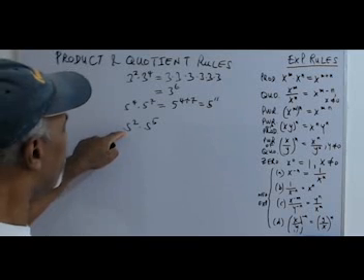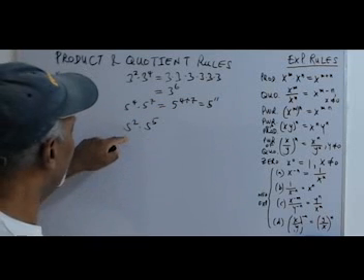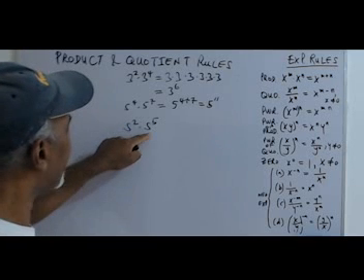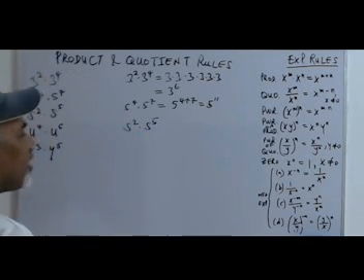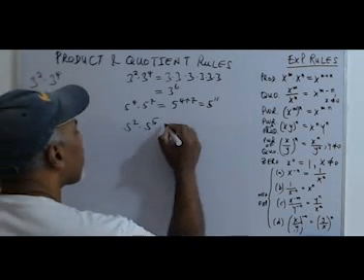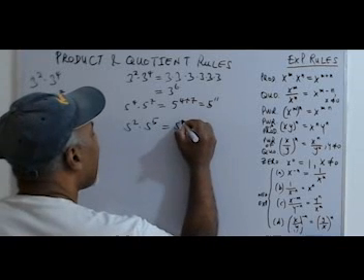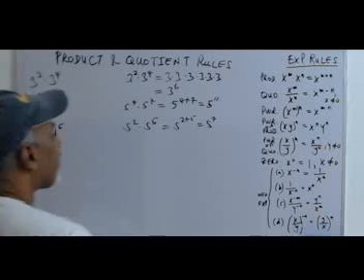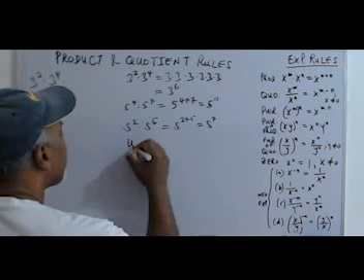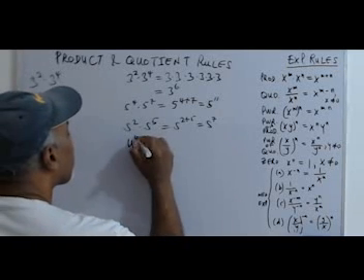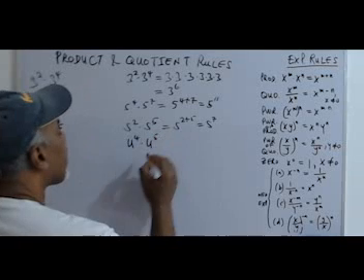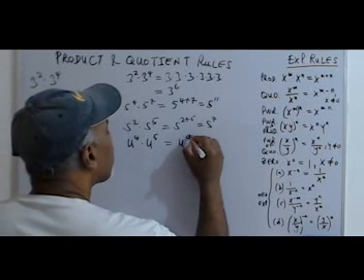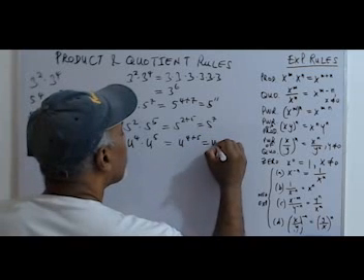All that matters in applying the product rule is that the base, the letter, is exactly the same in both expressions. So they're both s's, so we just have to add the exponents. So this is s to the 7th. Same thing here. We have u to the 4 times u to the 5th. And again, that's u to the 4 plus 5, or u to the 9th.